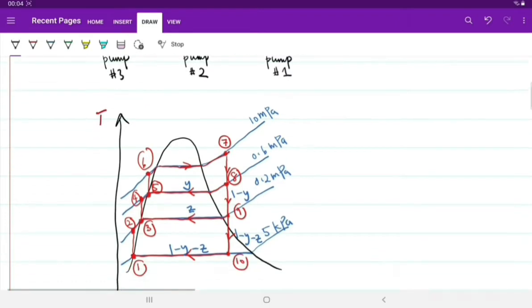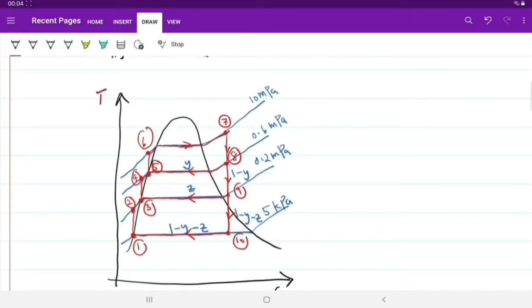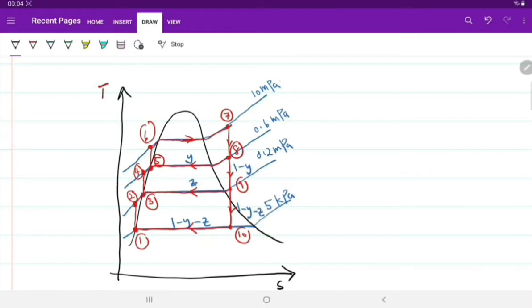So you have 4 lines of constant pressure. The first line is at the top, which is 10 megapascal. The lowest one is 5 kilopascal. And then you have 0.6 megapascal in one of the feed water heaters, and 0.2 megapascal in the other one.